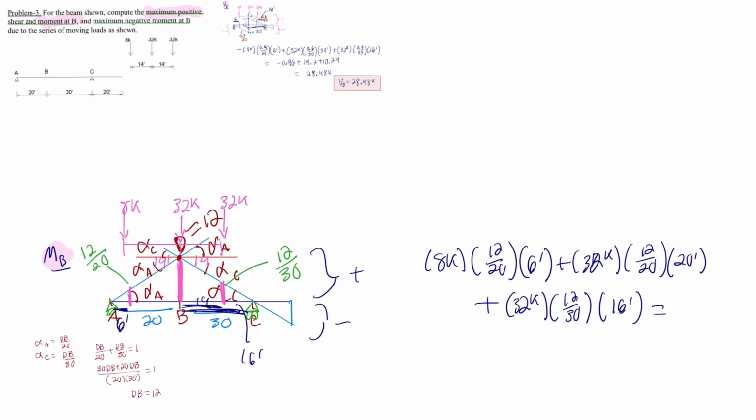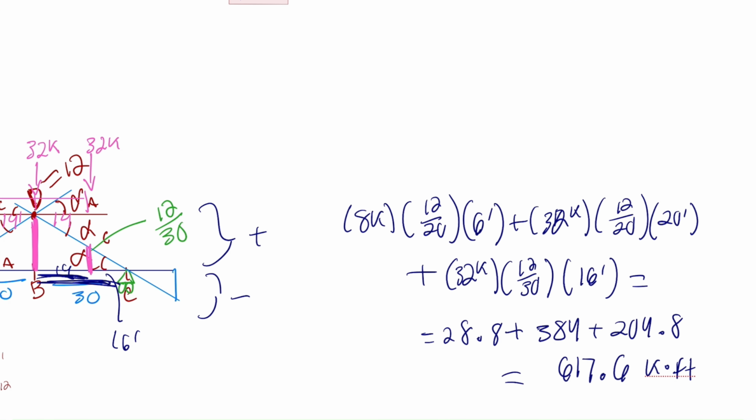And this will give us 28.8 plus 384 plus 204.8, which is a total of 617.6 kips per foot. And this is the maximum positive moment at B. So this is the answer for part 2.